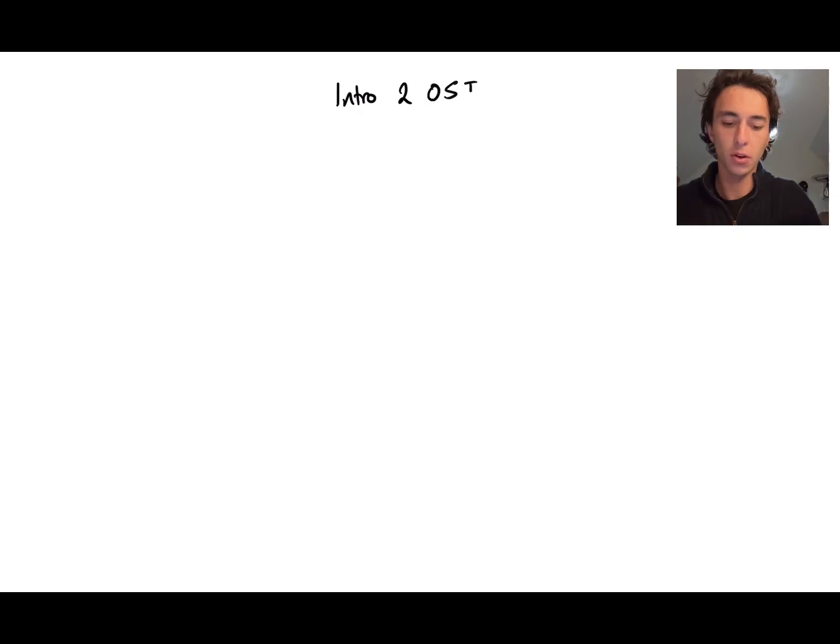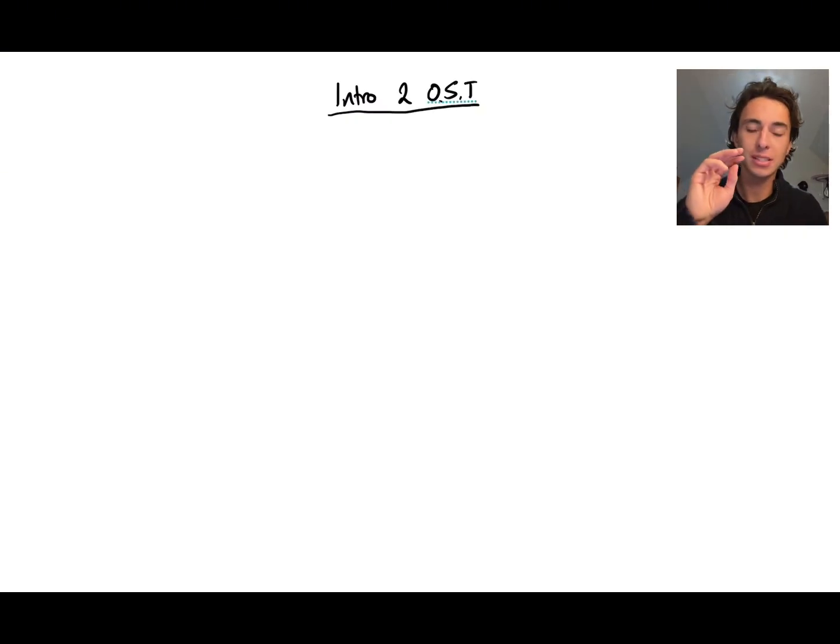Okay guys, let's get started. So we're doing the intro to optional stopping theorem, OST. Let me start by introducing this problem that I was talking about. We have a six-sided die that we roll repeatedly.